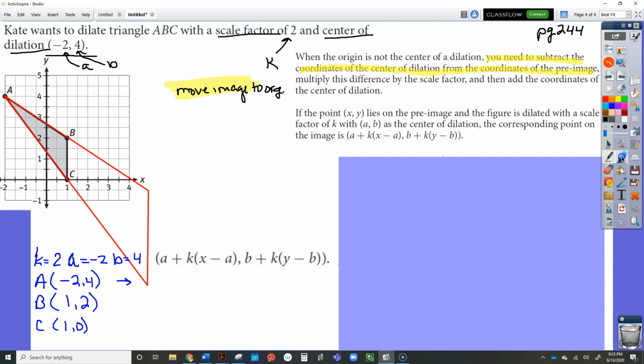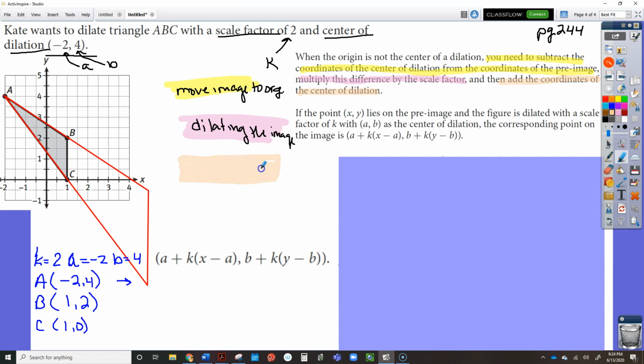And then, let me highlight this. Multiply this new number by the scale factor. That multiplication is us dilating our image. Okay, and then the third step is we're going to add the coordinates back.